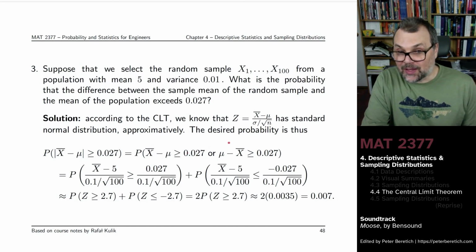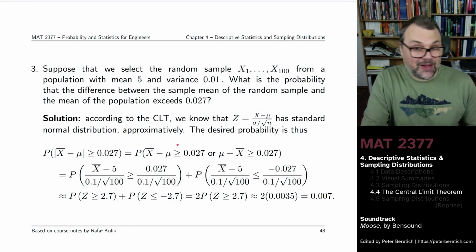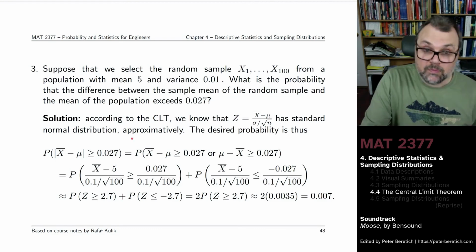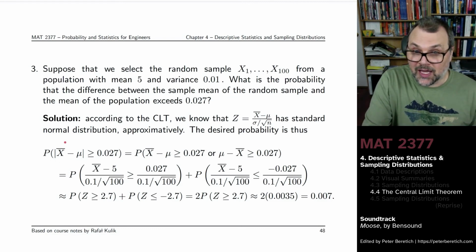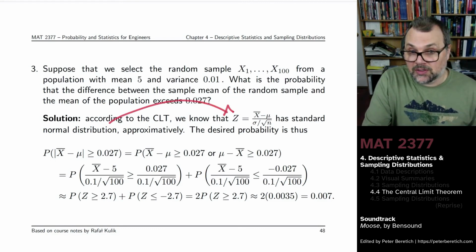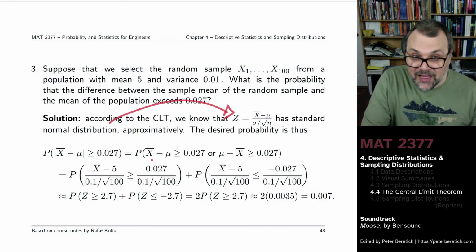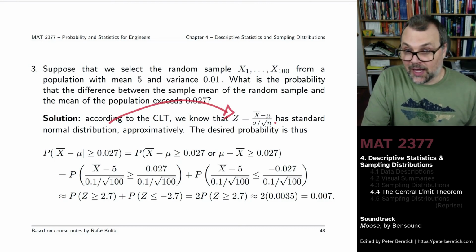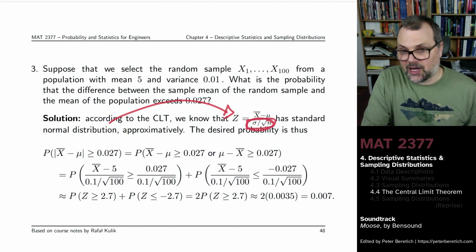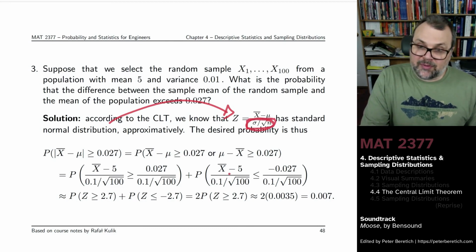We don't need to subtract the mu here, because the mu is already subtracted on the left, right? Usually we subtract the mu on the left and on the right to put the expression here, the x, into the form z, but now we already have x bar minus mu. So all we need to add, modify, is the division, the denominator term here, plus the probability of the other one.